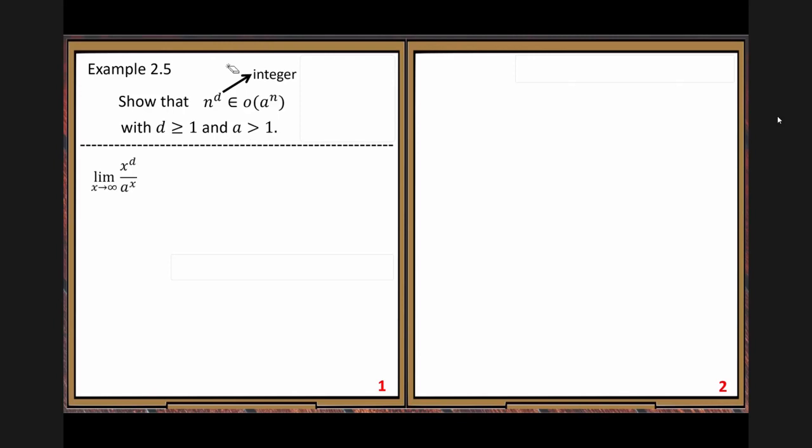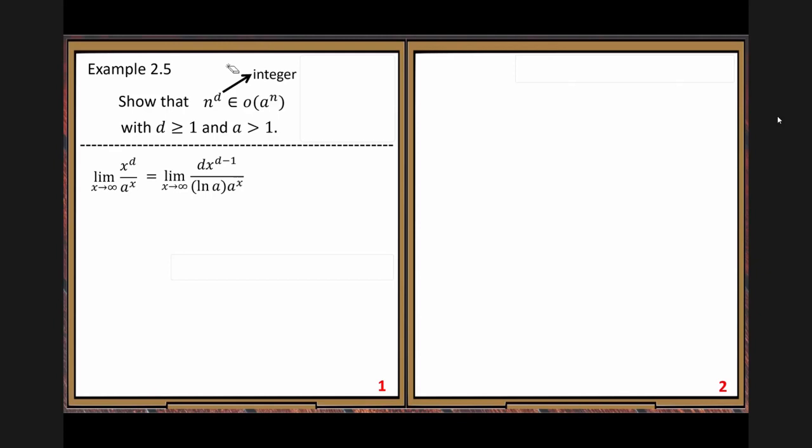Work on a continuous variable, right? The same way. This time x to the d, with d a positive integer, over a to the x: is it an indeterminate form? Infinity over infinity, indeterminate, no problem. So we are safe to apply L'Hopital's rule.